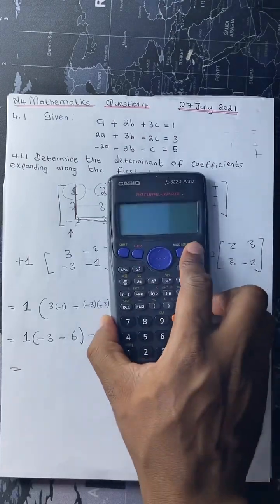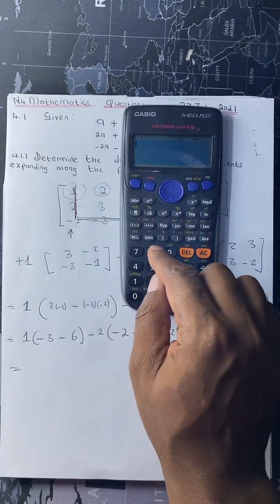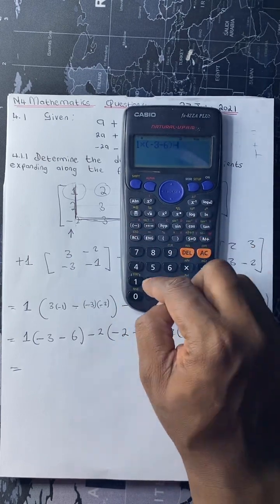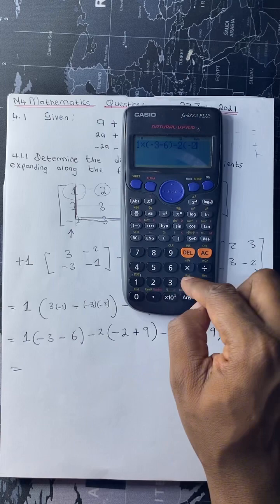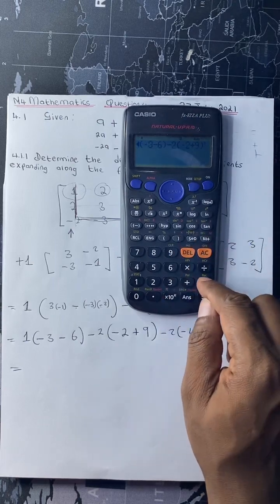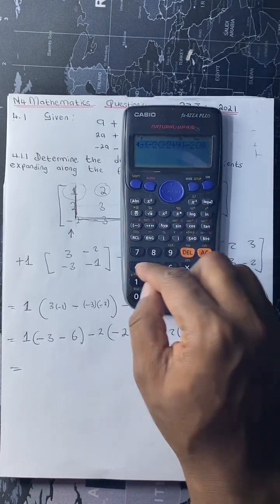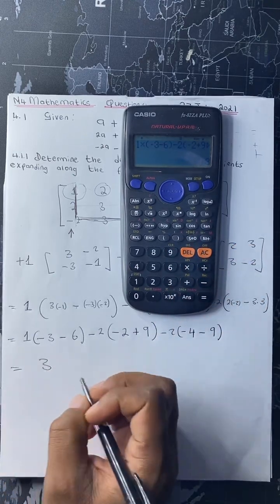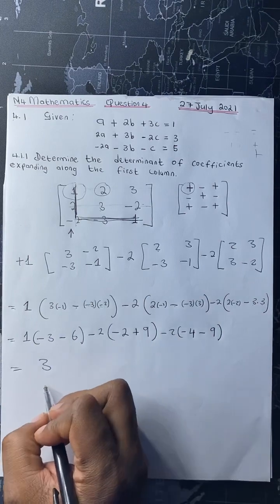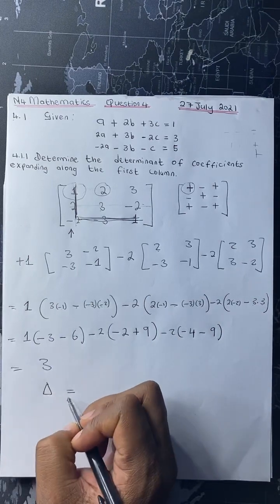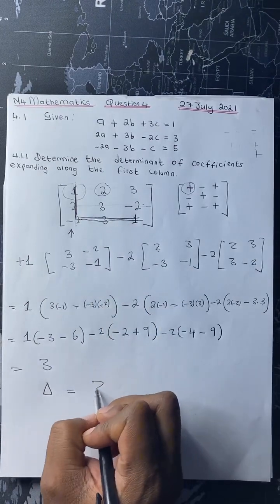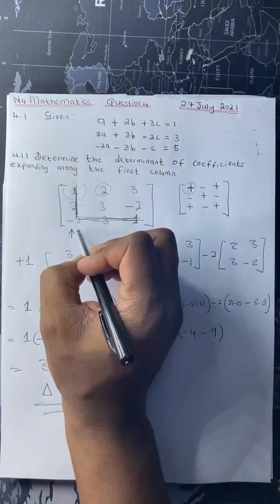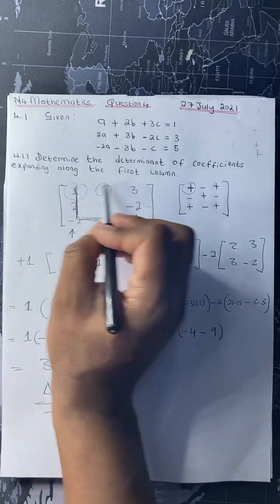So let's use our calculator. 1 multiplied by negative 3 minus 6, minus 2 multiplied by negative 2 plus 9, minus 2 into negative 4 minus 9, and this will be equal to 3. So the determinant of coefficient will be equal to 3 when we expand along the first column.